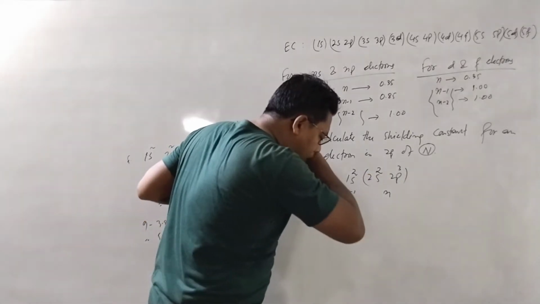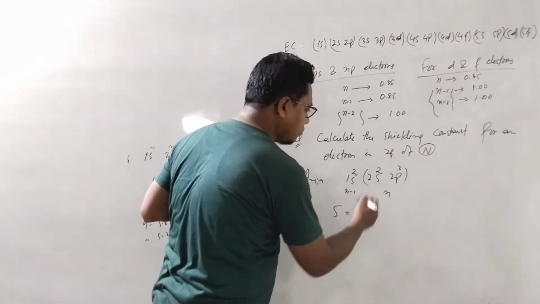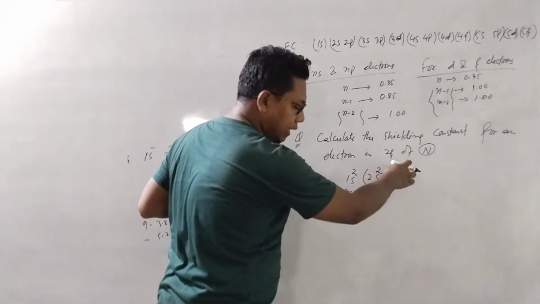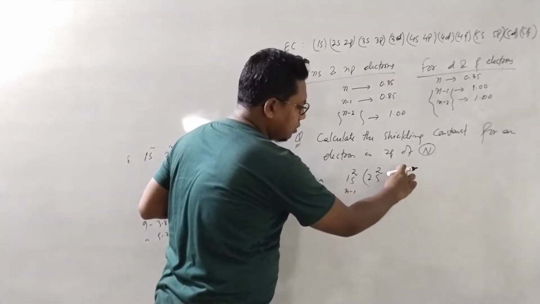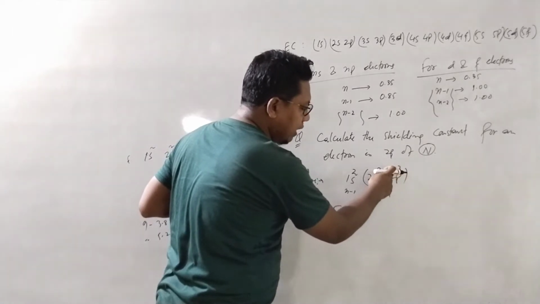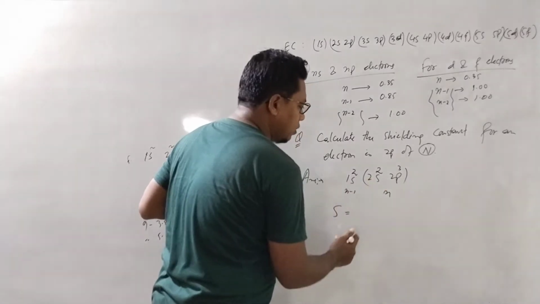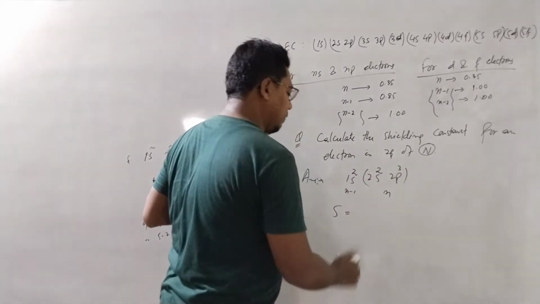So shielding constant is based on how many electrons are left after removing that particular electron in concern. Here 2 electrons will be left and the electrons in 2s, so 4 electrons will be left.